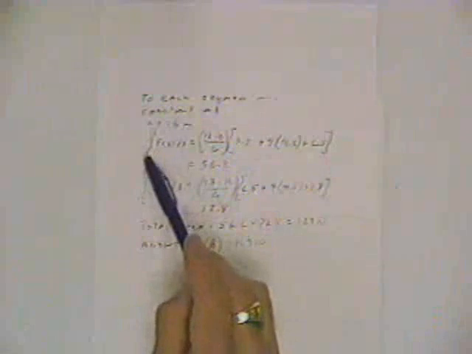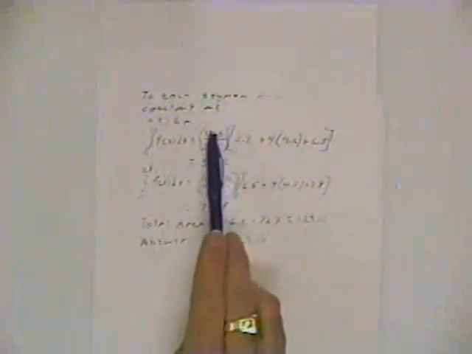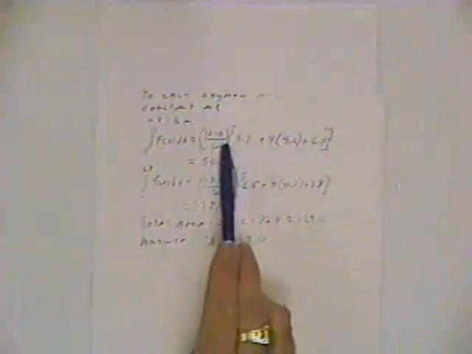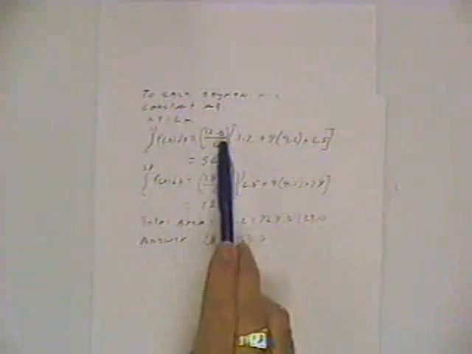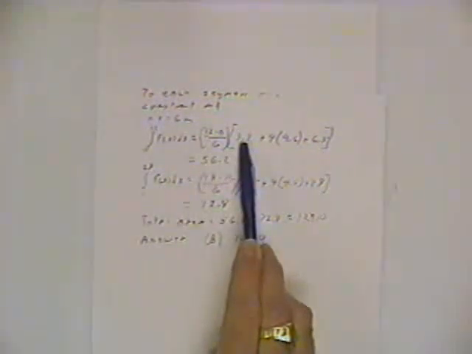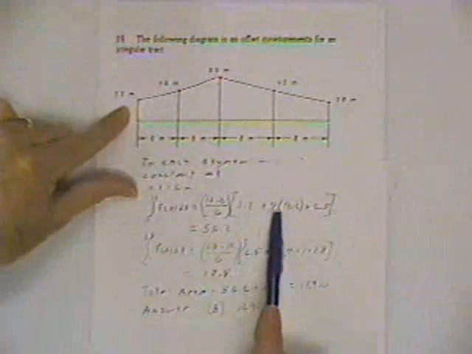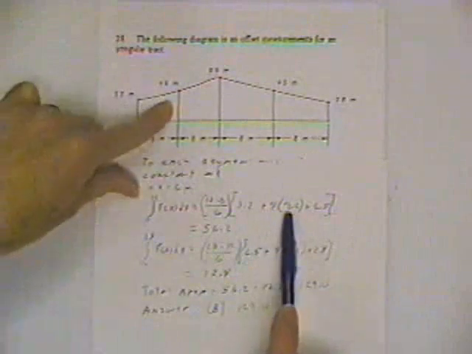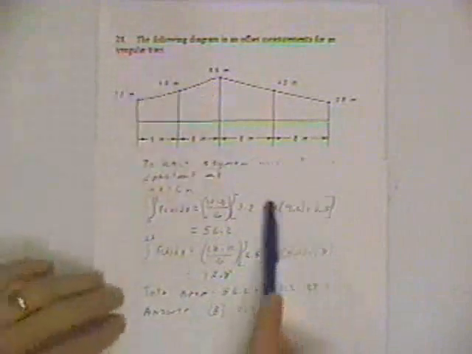The first part would integrate from 0 to 12 meters, applying the b minus a over 6 formula. You'd have b, the end of the interval, minus a, the start of the interval, divided by 6 times the value of the function at the first functional evaluation, in which case is 3.2, plus 4 times the next one, 4.6, plus the last one, 6.5.